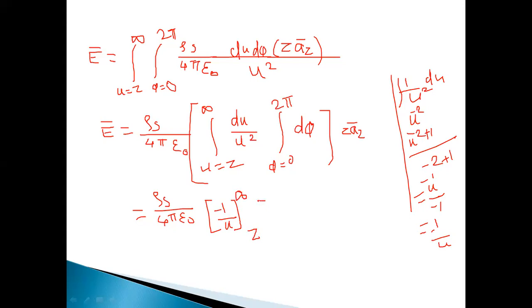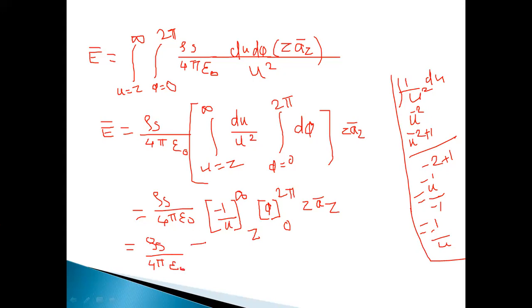Right. Then what is the integration of d phi? d phi is only phi from 0 to 2 pi, so 0 to 2 pi into z and unit vector a bar z. So it is equal to rho s divided by 4 pi epsilon 0.